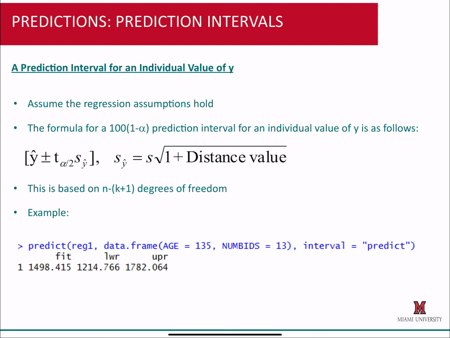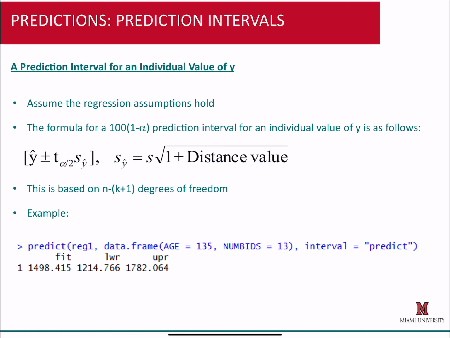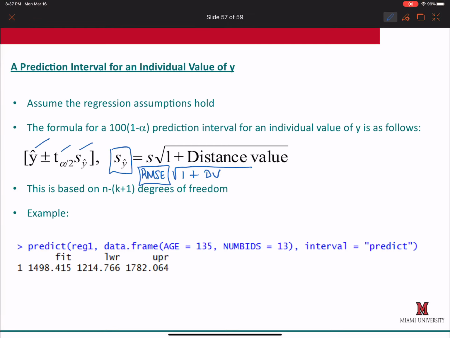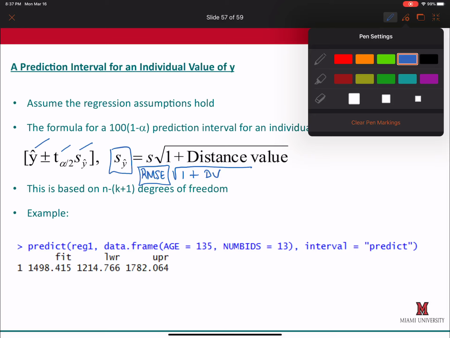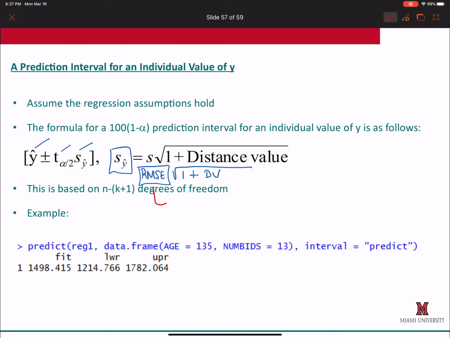Now the prediction interval uses the same formula. You get the prediction here, the t statistic, and the standard error of the prediction, but the standard error is our RMSE times the square root of 1 plus the distance value. So what happens is that we have to add an additional RMSE, I mean, we have to multiply that RMSE by 1.